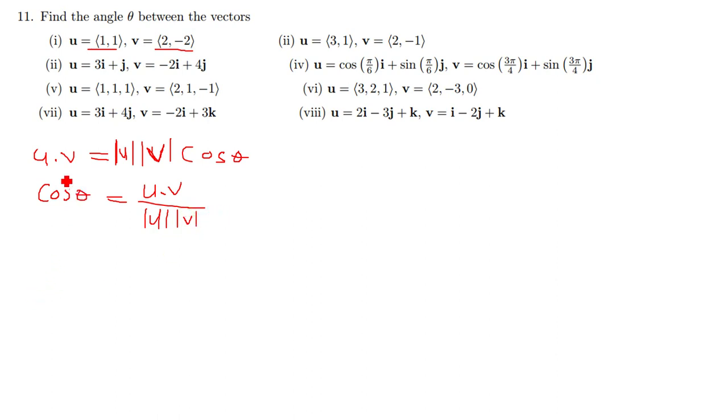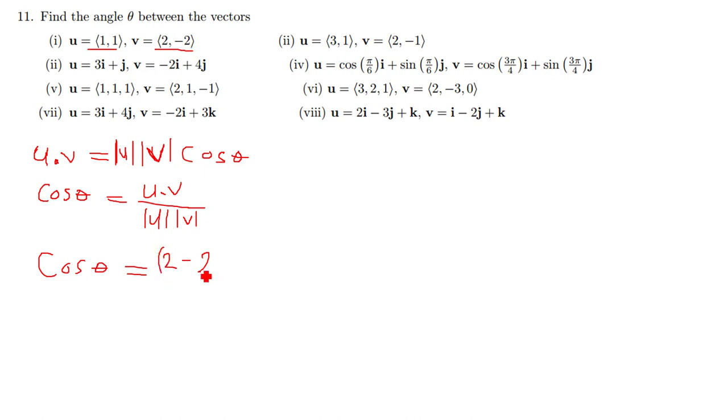Then we're going to say cos theta is equal to, then u dot v is just going to be equal to 1 times 2 there, you get 2, and then 1 times negative 2, you get negative 2.